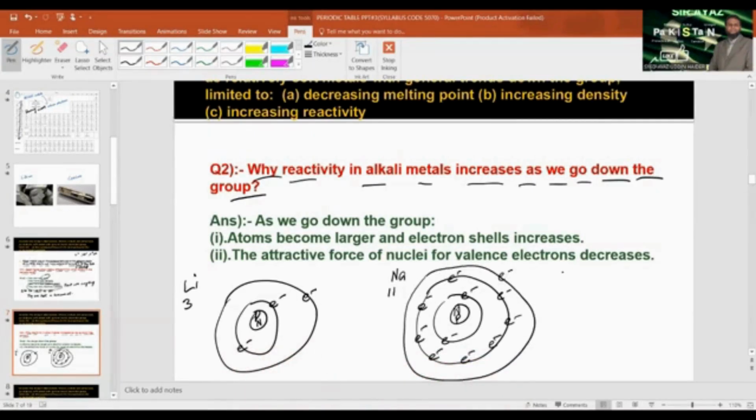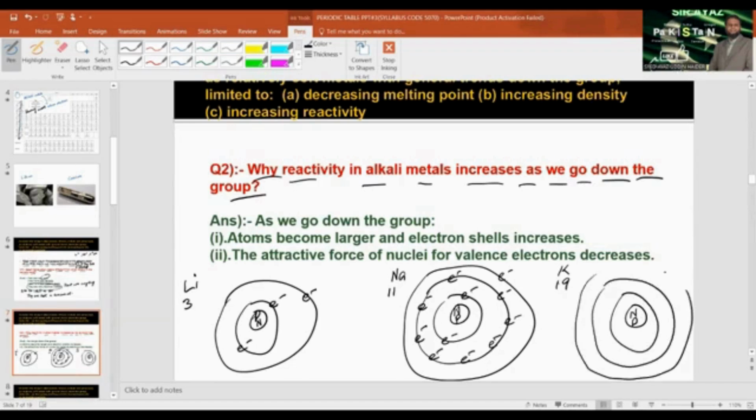What about potassium? The proton number of potassium is 19, which means it has 19 protons and 19 electrons. For potassium, I have to make 4 shells. First, I have the nucleus, neutron and proton. This is the first shell, second shell, and third shell. Now I'm going to place all the electrons. In the first shell, there are 2 electrons, 1, 2.